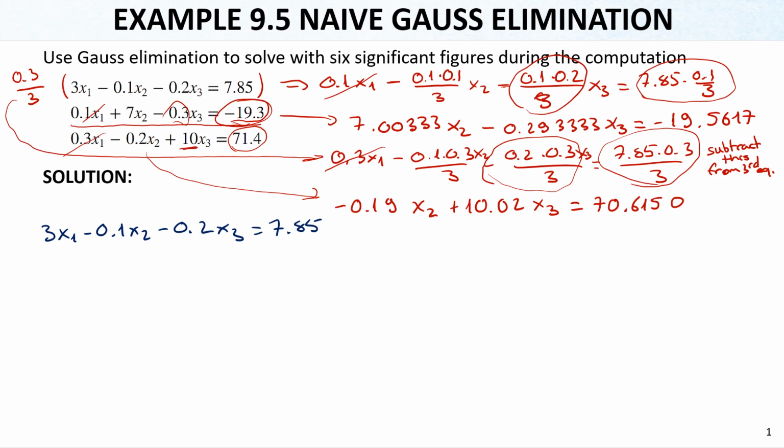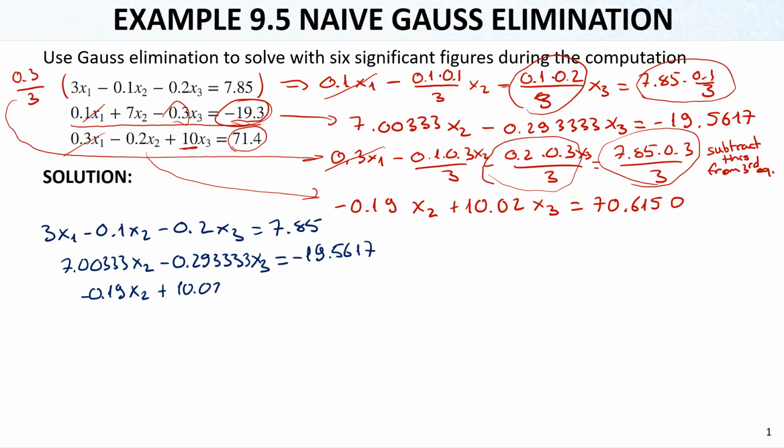And the second equation is 7.00333 x2 minus 0.293333 x3 is equivalent to minus 19.5617, and the third one is minus 0.19 x2 plus 10.02 x3 is equivalent to 7.6150.